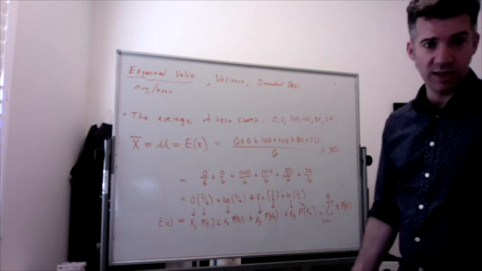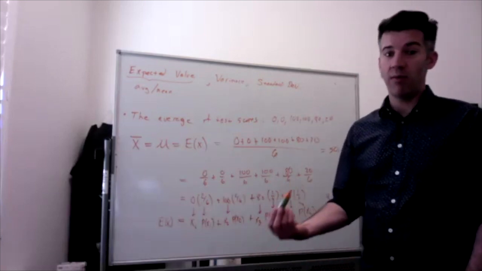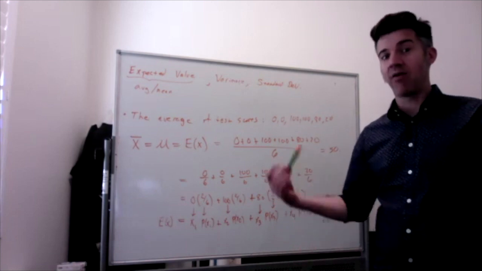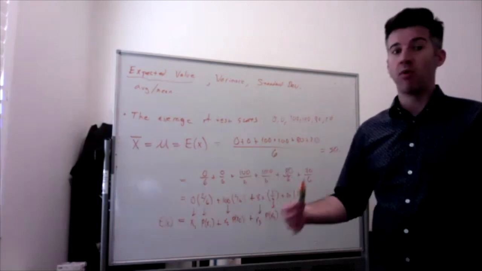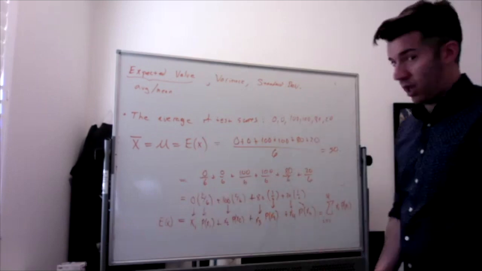That's all an average is. An average is just each thing multiplied by the probability that it occurs. That's why it's called a weighted average, right? Because the higher the probability that something occurs, the more weight that particular score gets. Okay.